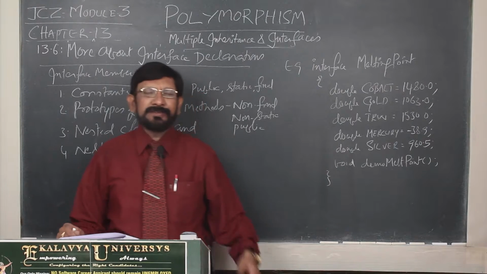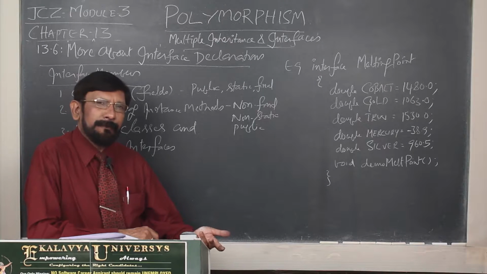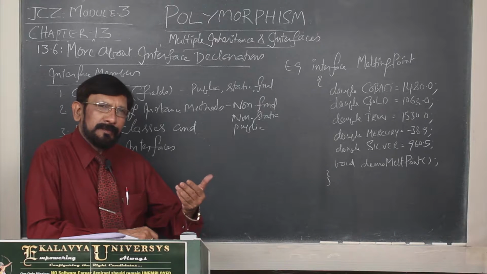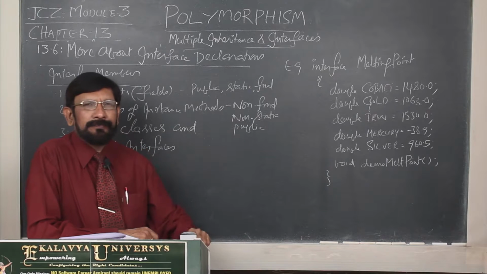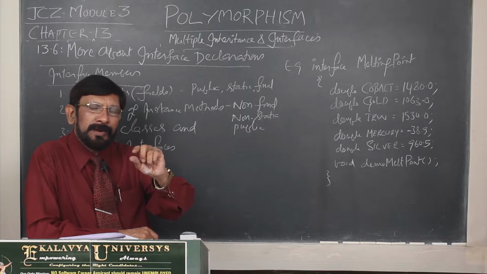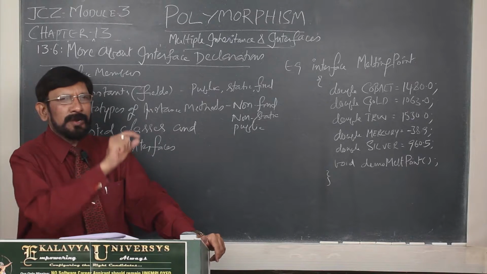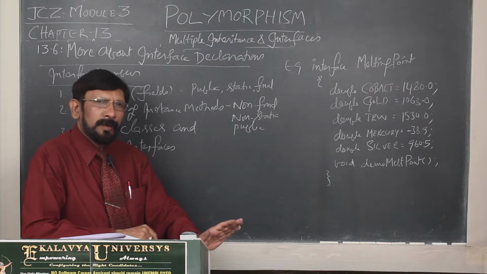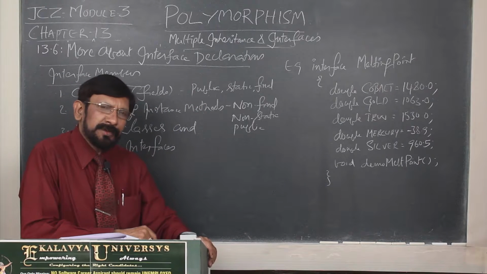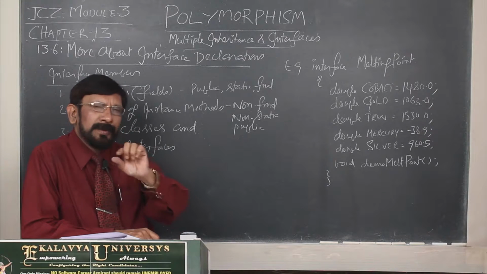As far as interface is concerned, by its nature it is abstract. Why? No method implementation is provided. We are simply providing method prototype, almost like a header terminated by semicolon. No body is there, no execution statements are there, and that is why it is an incomplete method.